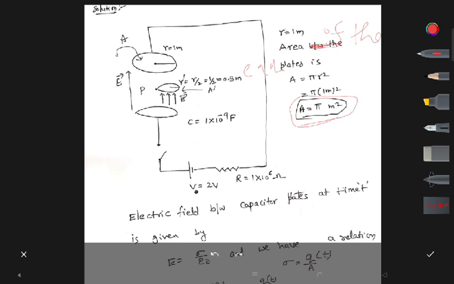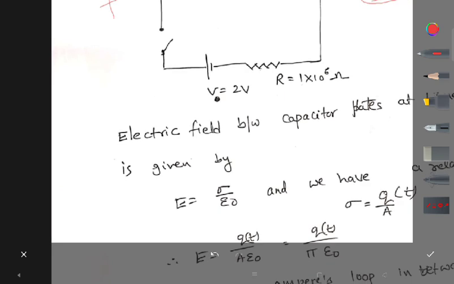The electric field between the capacitor plates at time t is given by the following. At initial time t equal to 0, when the switch is closed, the bottom plate is connected to the positive terminal of the battery, so this plate becomes positively charged and the other plate negatively charged. The electric field between the plates is directed from the positive plate to the negative plate, given by E equal to sigma by epsilon naught, where sigma is the charge density on each plate, that is Q of t by A. Why Q of t?